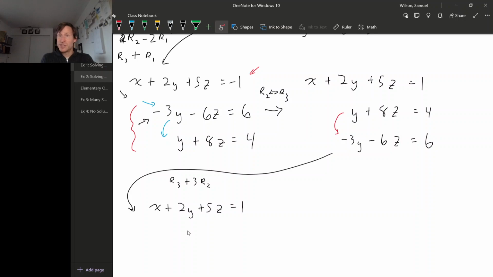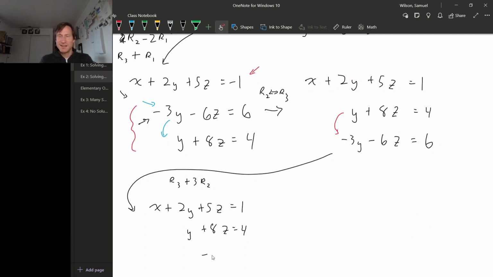Second equation isn't changing, y plus 8z equals 4. And then third equation, we are adding 3 times the second equation. So minus 3y plus 3 times y is no y's left. And then negative 6z plus 3 times 8, so 3 times 8 is 24, minus 6 is 18.